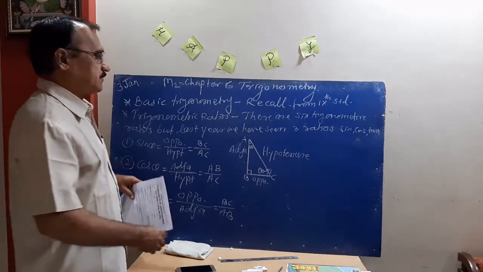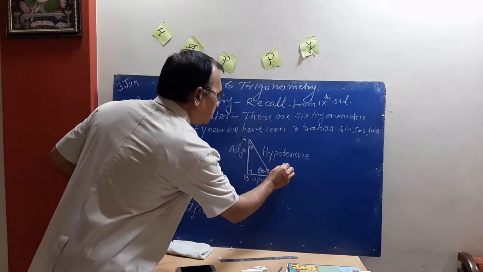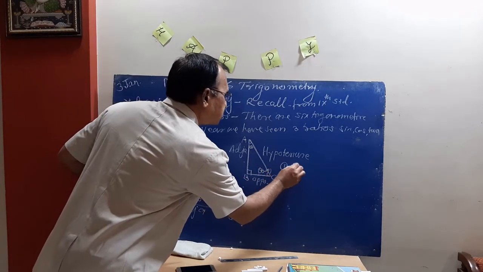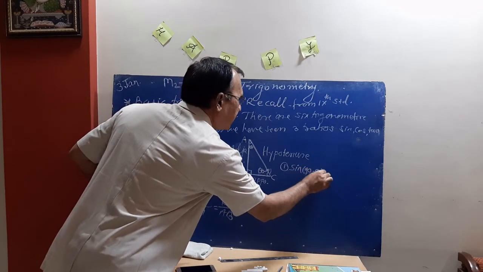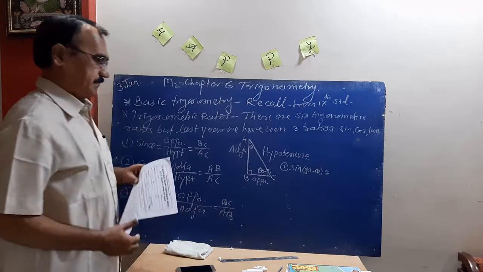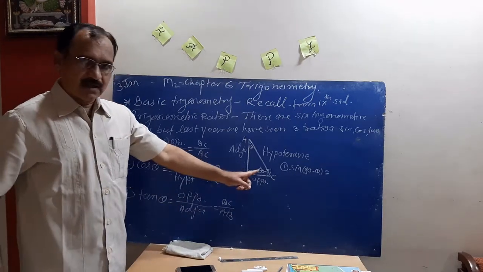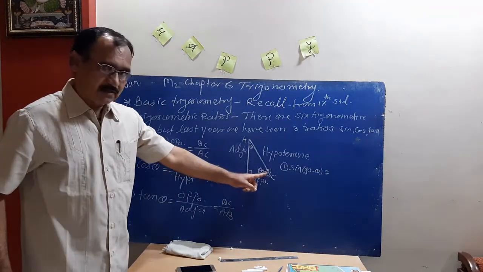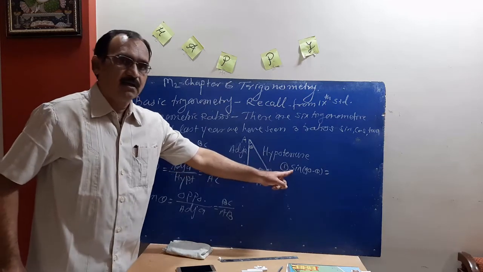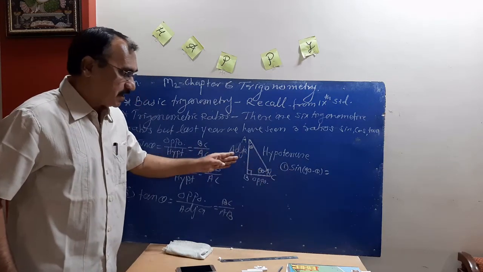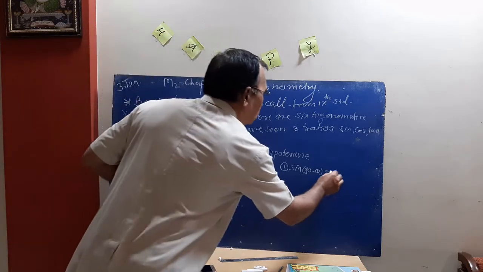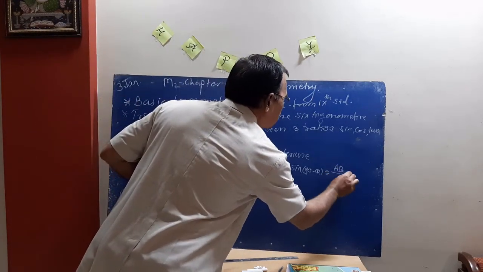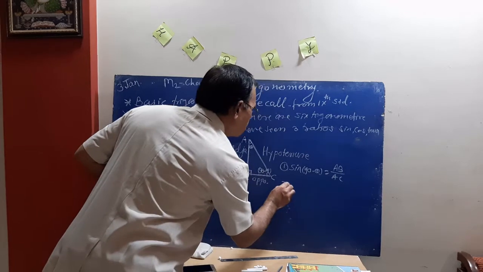Again we can write sin 90 minus theta, means here opposite side upon hypotenuse, that is AB upon AC.